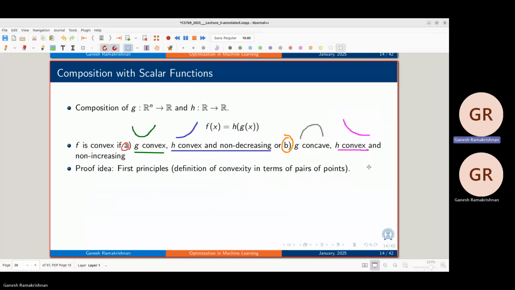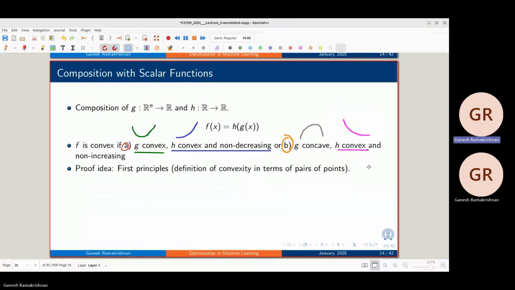Compensating for the concavity of g, the outer argument should be non-increasing. Some kind of cancellation of the concavity signal through a non-increasing nature. Then the composition is a convex function.